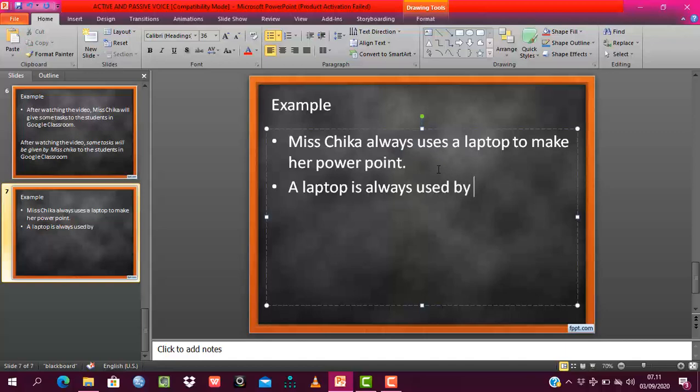By Miss Chika to make her PowerPoint. Miss Chika selalu menggunakan sebuah laptop untuk membuat PowerPoint-nya. Itu aktif. Berarti dibalik menjadi apa? Sebuah laptop selalu digunakan oleh Miss Chika untuk membuat PowerPoint-nya.